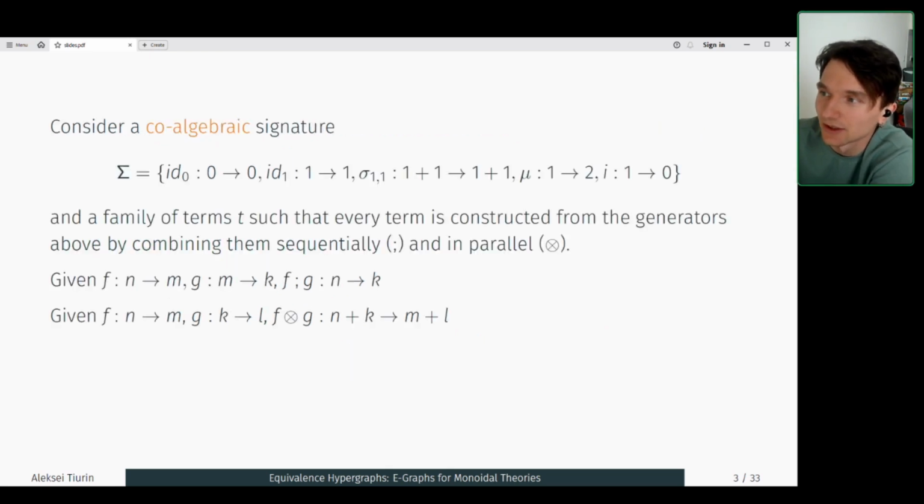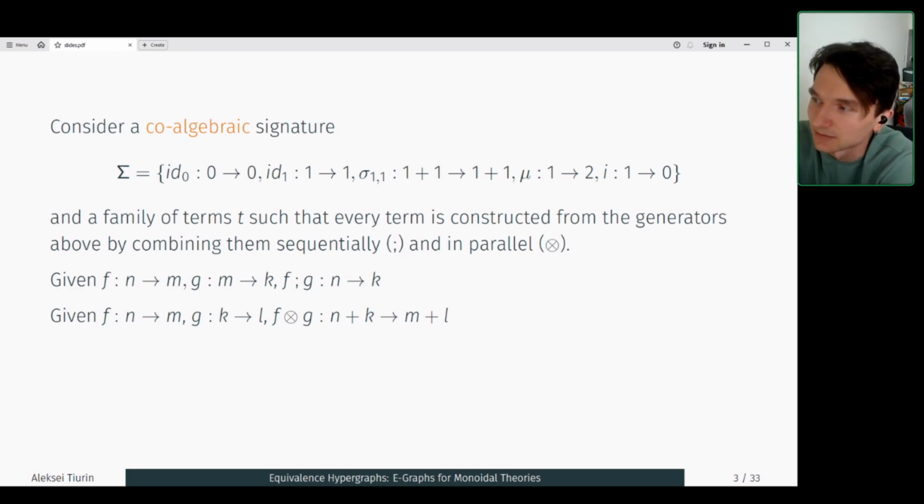So in contrast, consider a coalgebraic signature that contains two types of identities, one with arity of 0 and coarity of 0, the other with arity of 1 and coarity of 1. The other thing is a symmetry that swaps its inputs into the outputs, and the other two are co-multiplication and co-unit, because I flipped the number of inputs and the outputs, so now the number of inputs of co-multiplication is 1, the number of outputs is 2, and similarly for the unit.